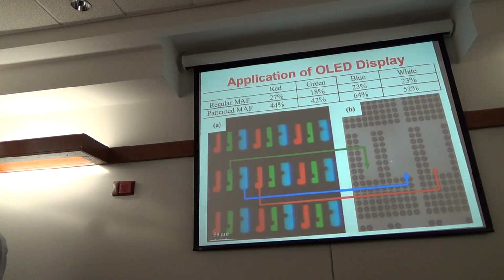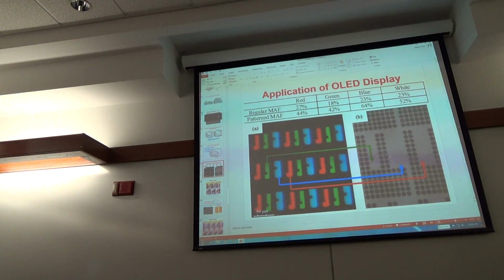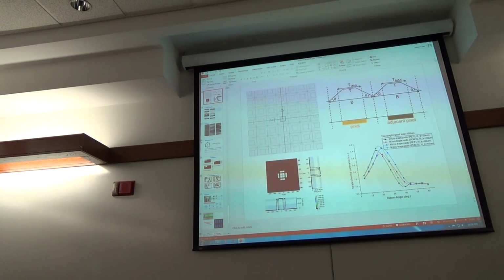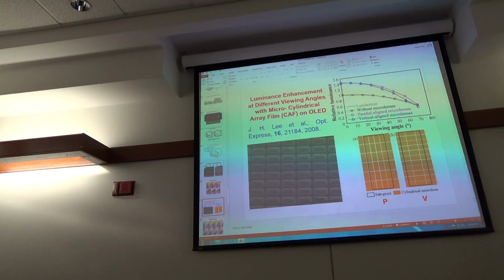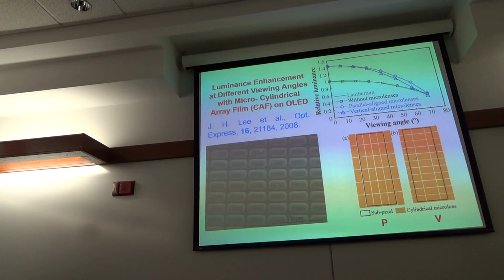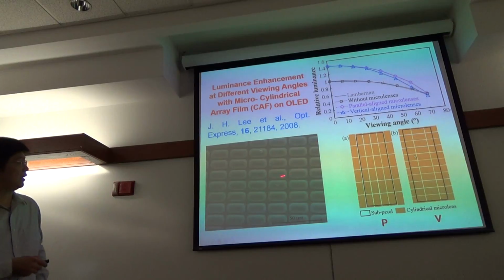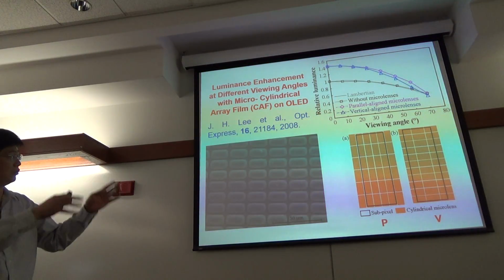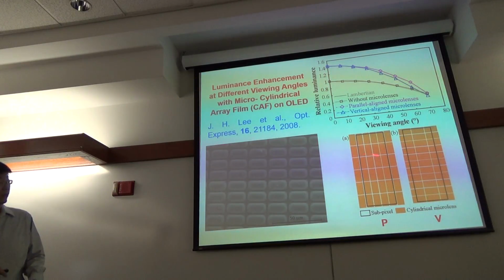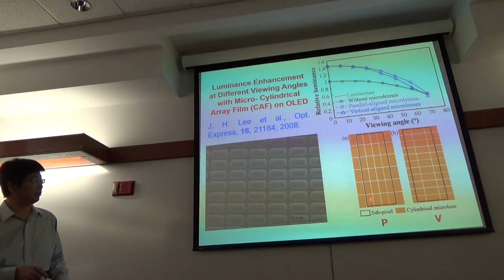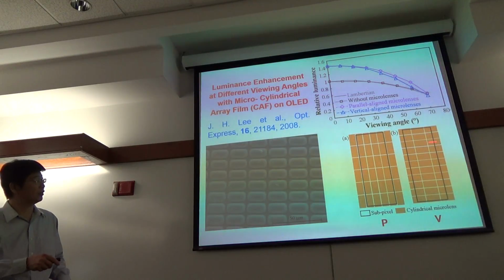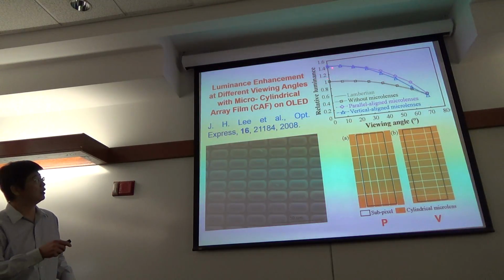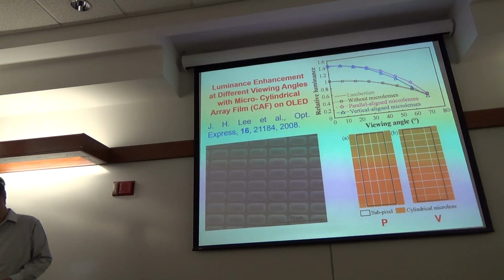So that's why we have another compromise solution. That is the cylindrical. That's a symmetric one, a cylindrical shape. If this is the subpixel, we can put it in this direction or this direction, and we found it's still good.